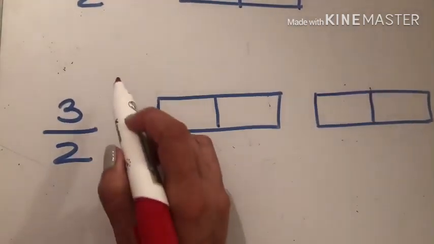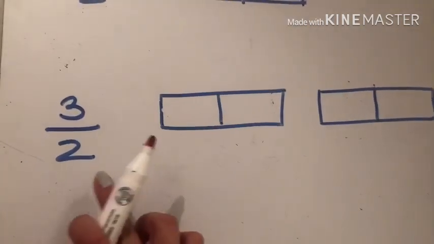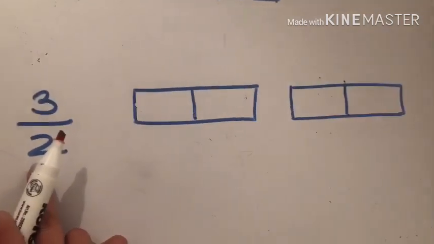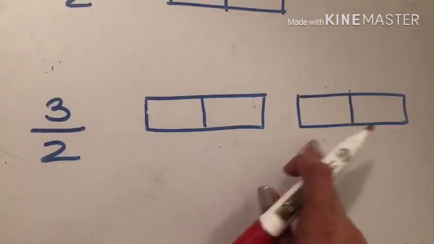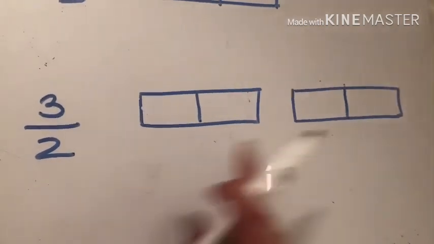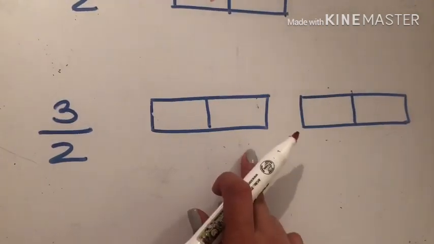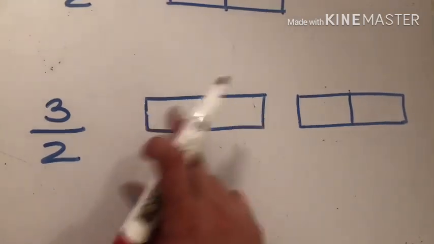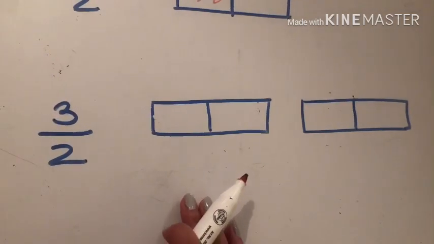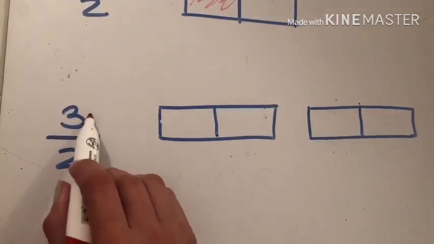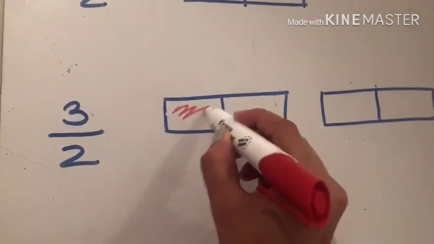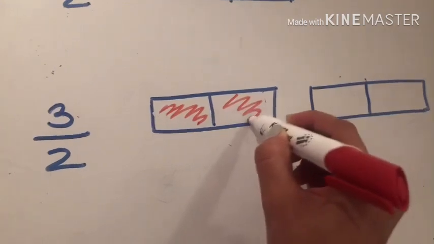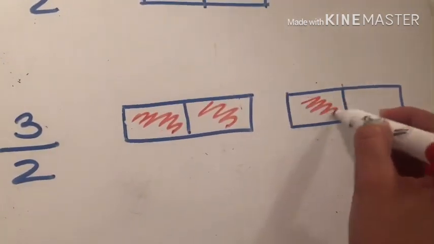We have 3 halves, and the number underneath at the bottom shows me into how many equal pieces or cuts I'm going to divide my wholes, right? So each whole, I have to cut into 2. And then I have to shade the number that shows me up here, which is 3. So I have to color 1, 2, 3.